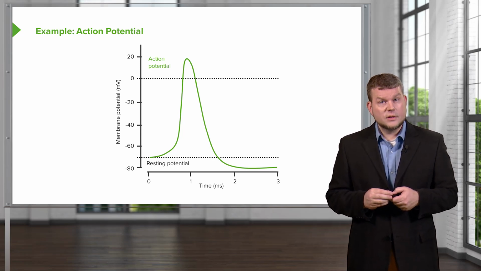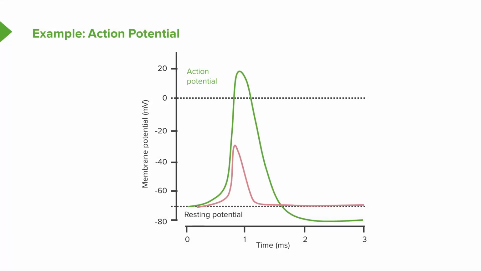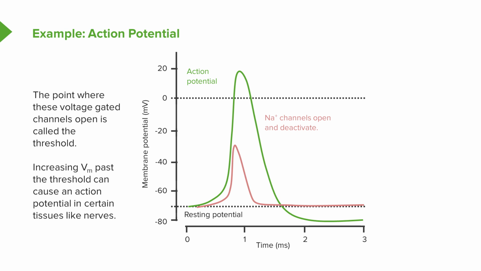Let's start with sodium. This first portion of the current is a sodium channel opening. Sodium channels open rapidly and then deactivate rapidly. This is the cause for the initial upward trajectory after you've reached what we like to call threshold.